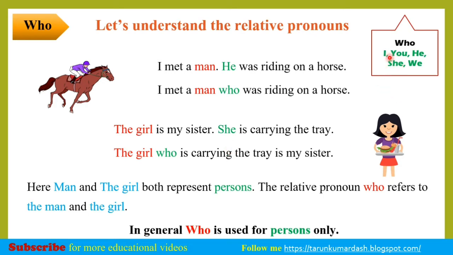If there is I or you or he or she or we in the sentence with the pronoun, we can change them to who as the relative pronoun. So remember this one in your mind to use them in the sentences.